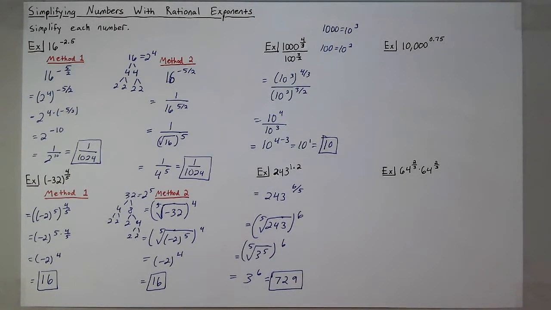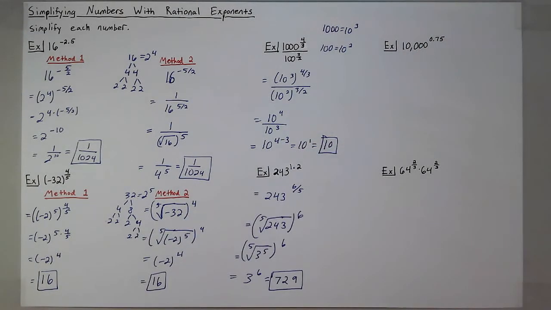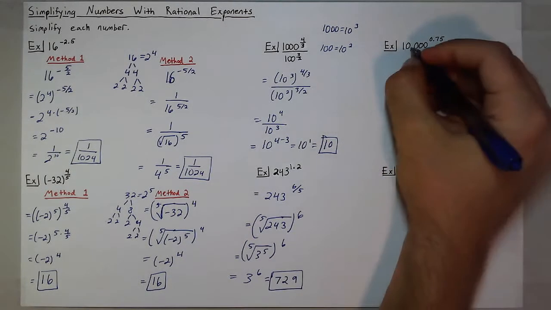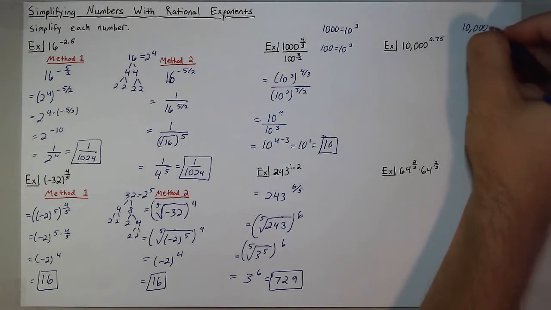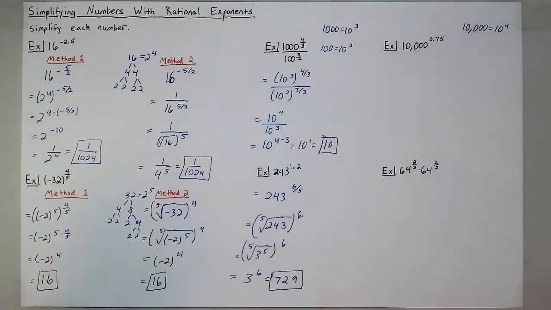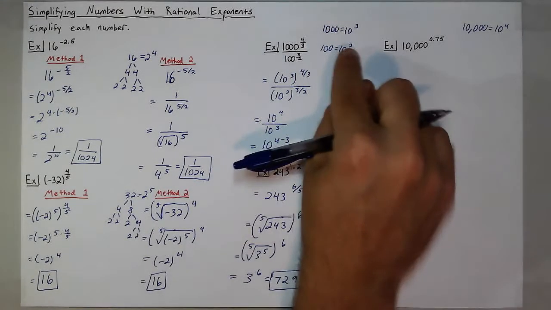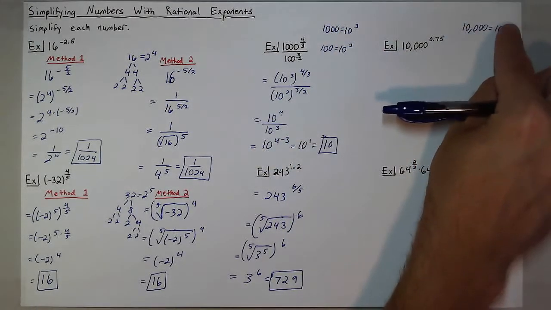Now next up I have 10,000 to the 0.75. Let's say I didn't change that. That's when you can start to keep things in exponential form, and that can help you get to your answer. I realize that 10,000 is 10 to the 4th power, and the way I do that so quickly is I just count the zeros, and that is 10 to that power. So 2 zeros, 10 to the 2nd, 3 zeros, 10 to the 3rd, 4 zeros, 10 to the 4th.